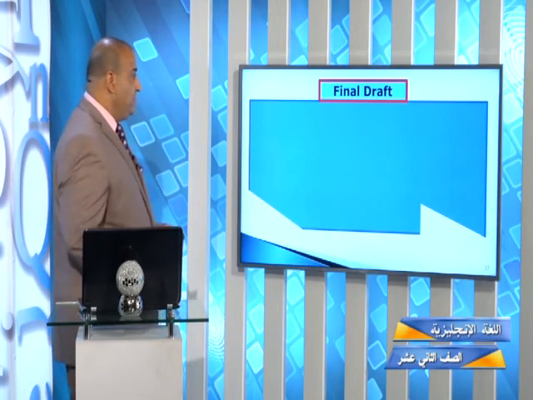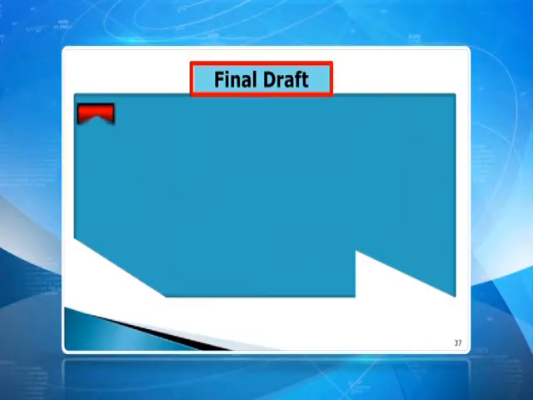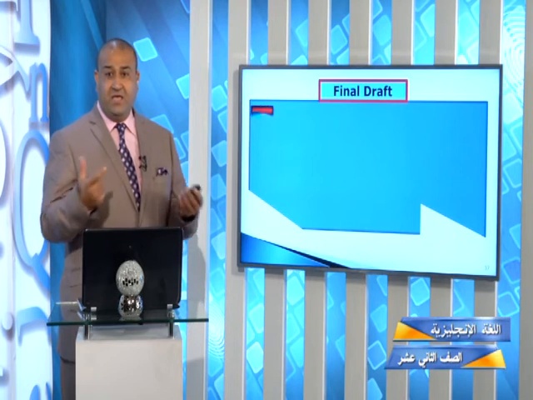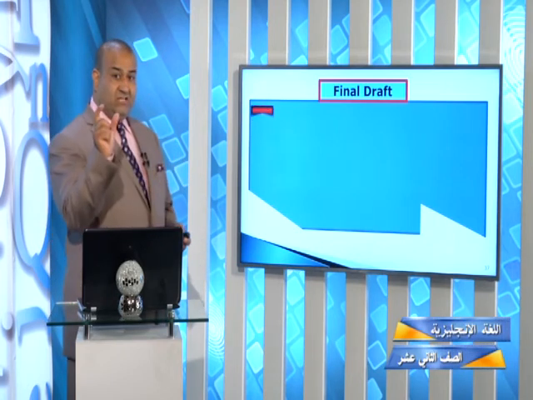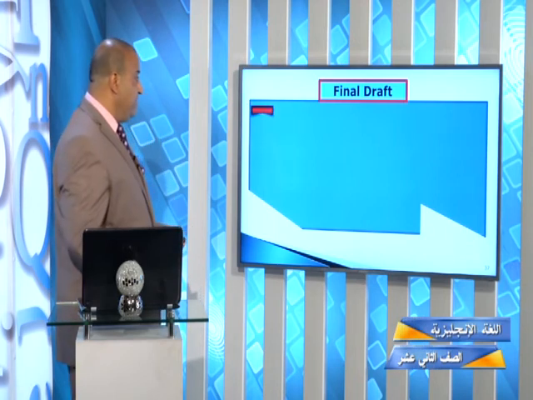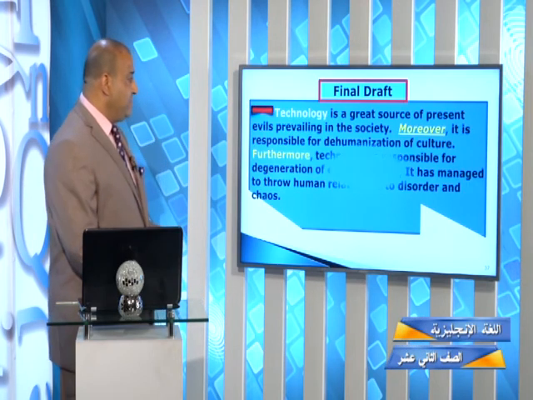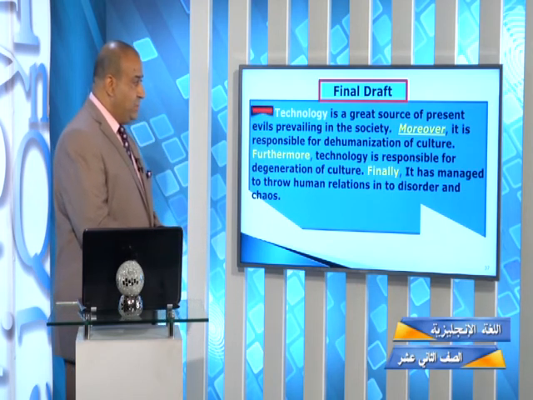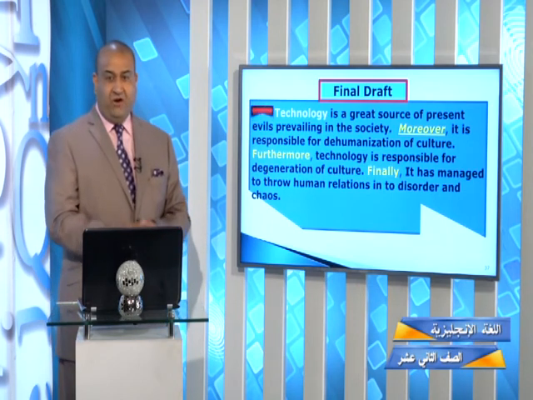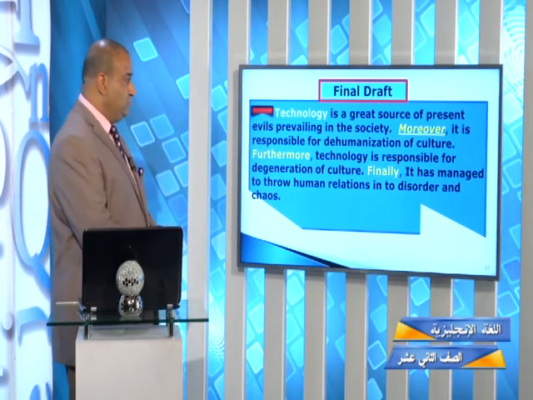The first thing you have to take into consideration is the indentation at the beginning of the paragraph, as if you were writing a composition. Okay? Now, we put, let's say, 2 centimeters at the beginning of the paragraph, and we provide the following paragraph. Notice here that I have put the linkers in yellow color to make it easier for you to follow.